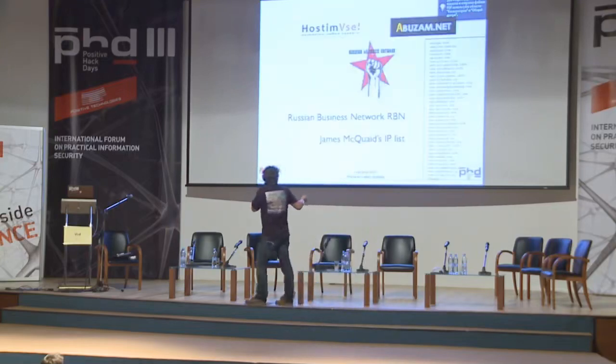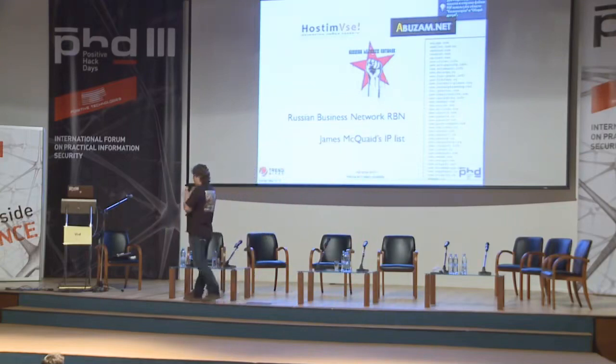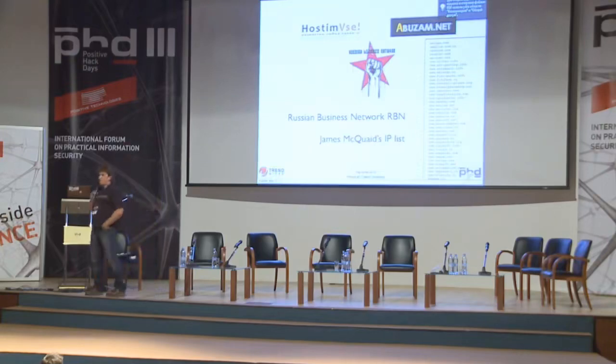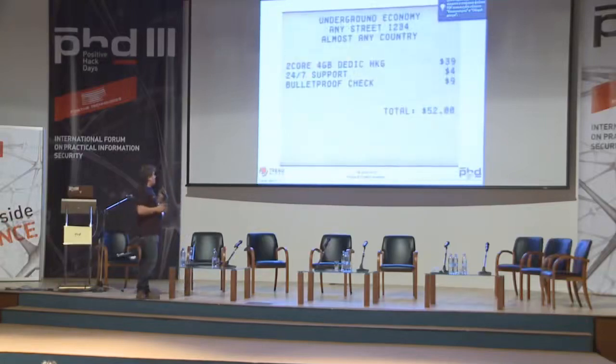You will see the IP addresses in the slide and the list of their domain names, which we compared to our database. We see there are still parts of Russian Business Network that are still available and selling their services without any problems whatsoever.